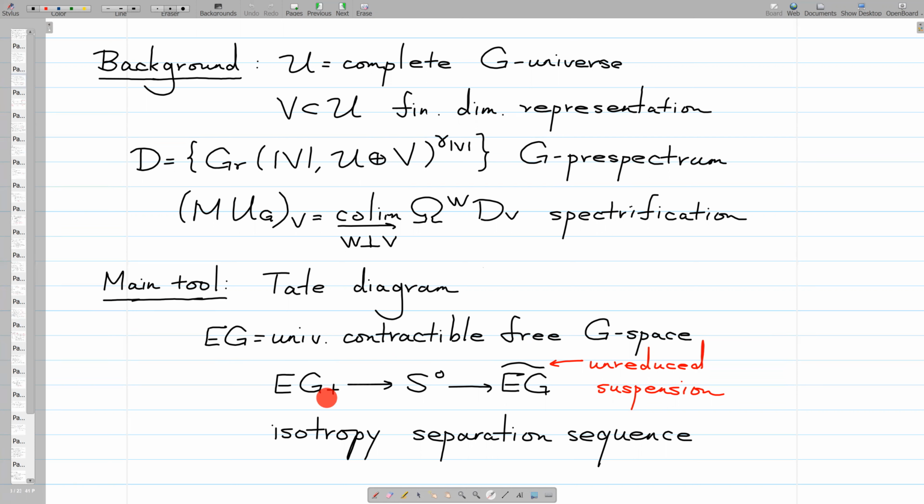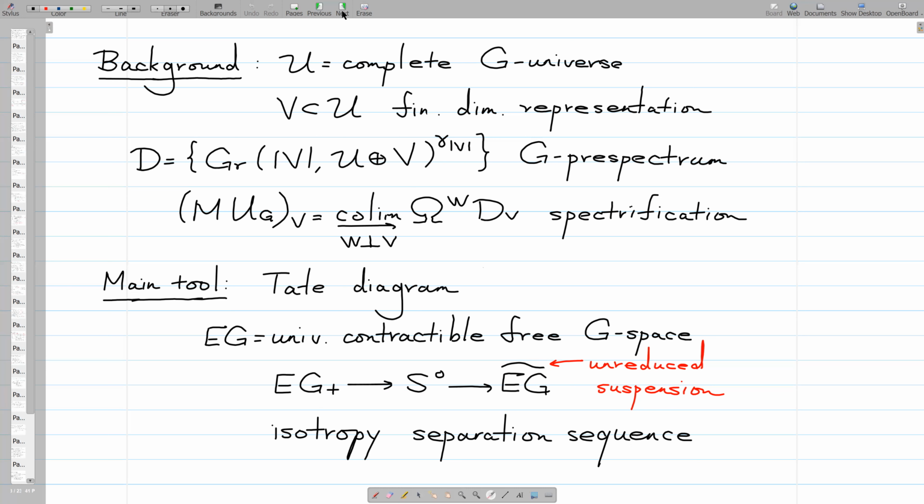What we can do is take EG plus with a disjoint base point and map it into S naught: EG goes to one point and the plus goes to the other point. The cofiber, EG tilde, where the tilde denotes the unreduced suspension of the space, is the cofiber.